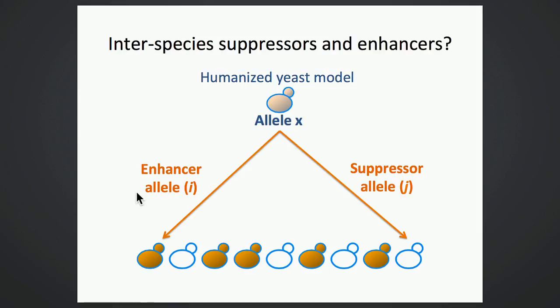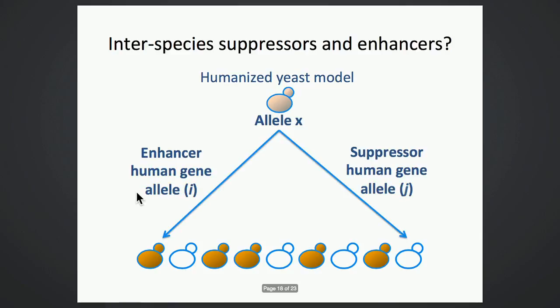There are a number of studies that have been done in, for example, humanized yeast models expressing human disease alleles, or in other cases, a number of human disease proteins associated with neurodegenerative diseases are overexpressed and cause toxicity. Yeast suppressor genes and enhancer genes have been identified using genome-wide deletion mutant strains, genome-wide overexpression strains, or even point mutations and spontaneous mutations.